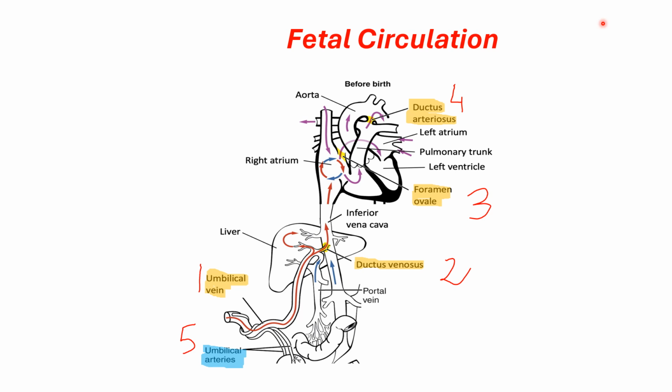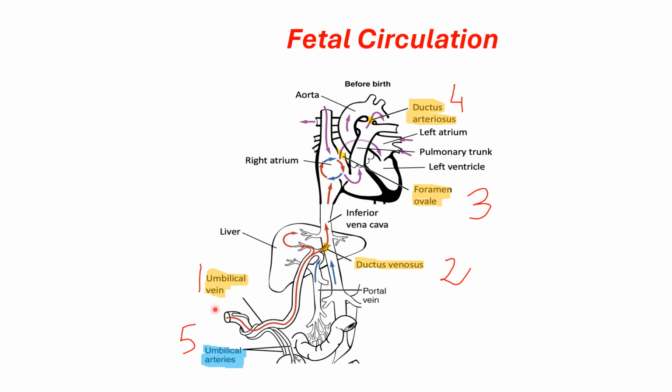The foramen ovale closes and becomes the fossa ovalis. The ductus arteriosus constricts due to a rise in oxygen level and a drop in prostaglandin, and it becomes the ligamentum arteriosum. And the ductus venosus closes and becomes the ligamentum venosum. And umbilical vessels also close and become ligaments.